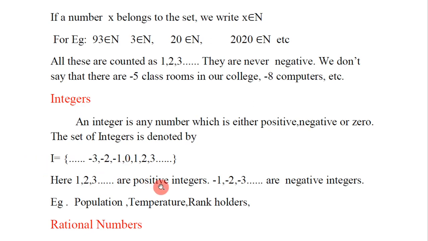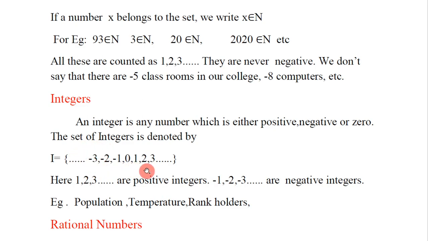For example, population of a country. We know that it is always positive. It is 1, 2, 3, 4, etc., in millions or crores like that. Then temperature of a place. If we consider the temperature of some places, it may be negative. For example, temperature of Siachen or Kashmir is negative sometimes. So, it is a negative integer.